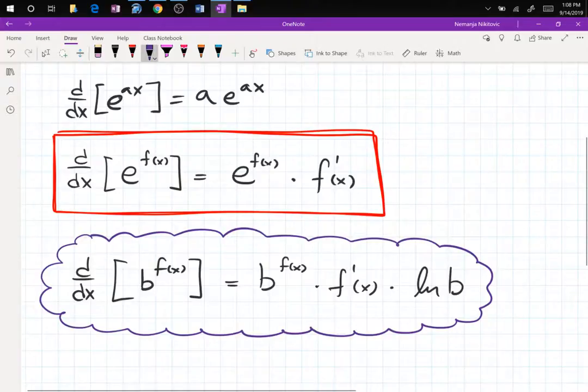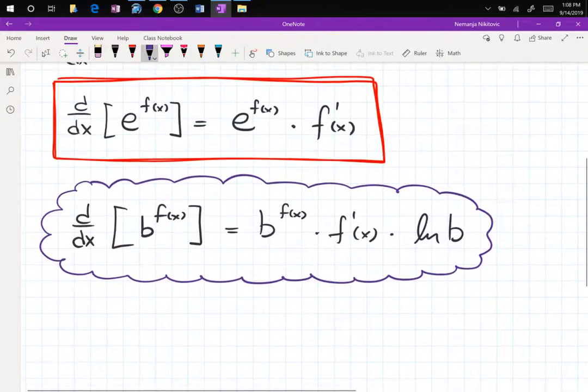But what I am asking you to know at all times for Calc 1, 2, 3, and DFQ is the red one. That's the one that you are going to use all the time. The one over there in the bottom is cool, but not used as much. So when do you get to experience the formula here?